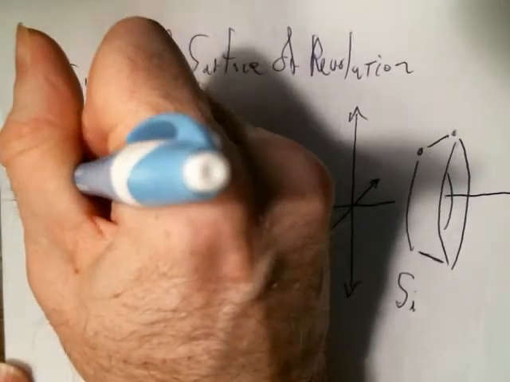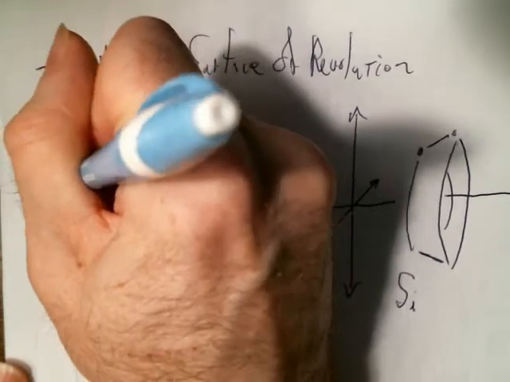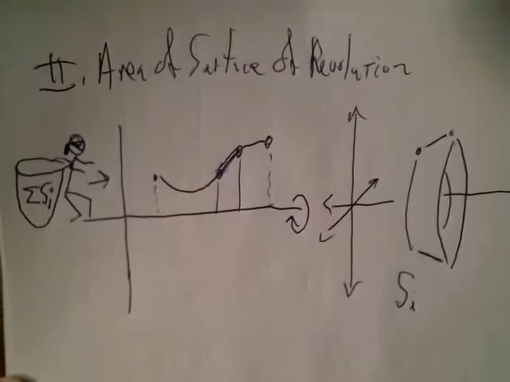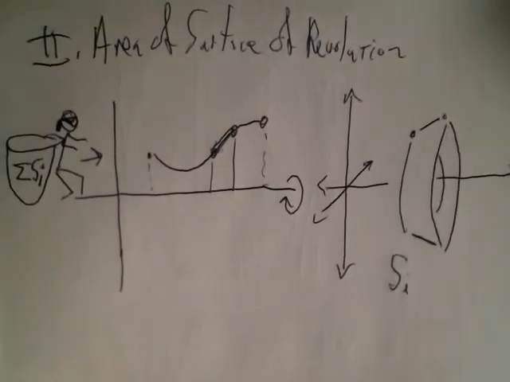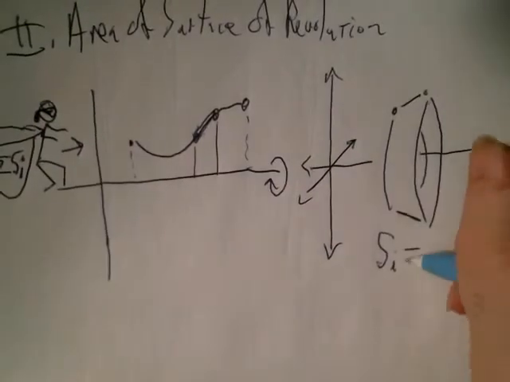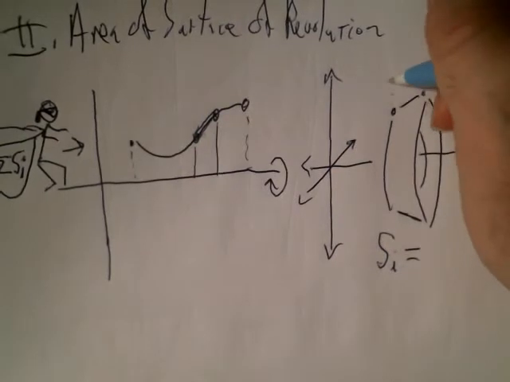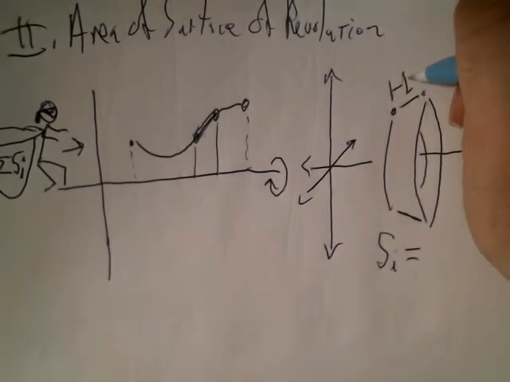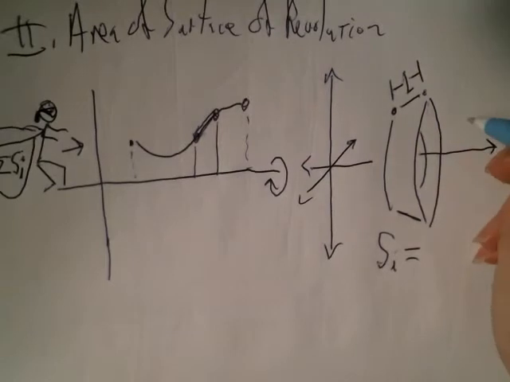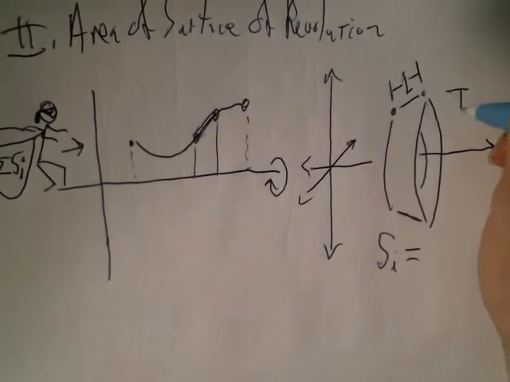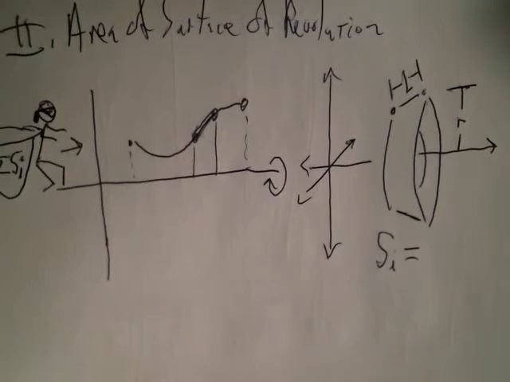So it's the sum of s sub i's this time. We just need a formula for this s sub i thing. So to get this formula, what we need is basically the length of the curve here, which we can get from the arc length formula. And then we need basically the radius of this object, quote unquote radius.